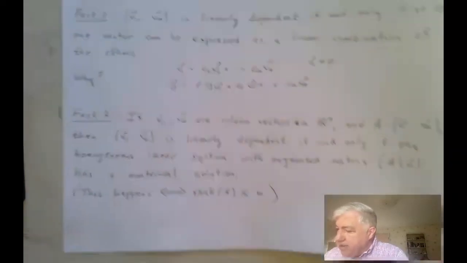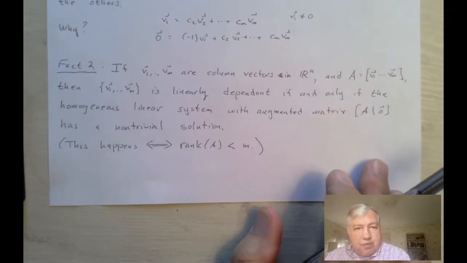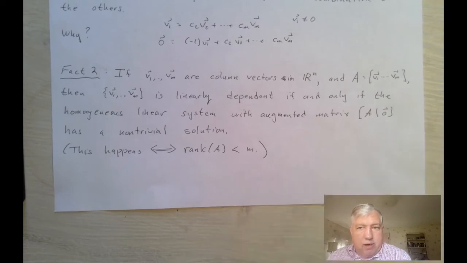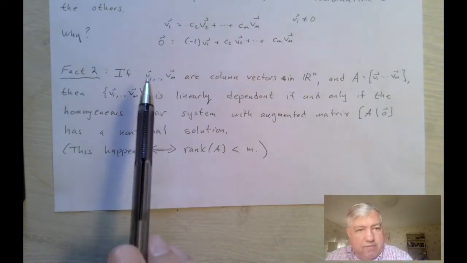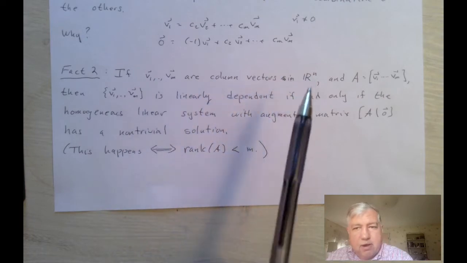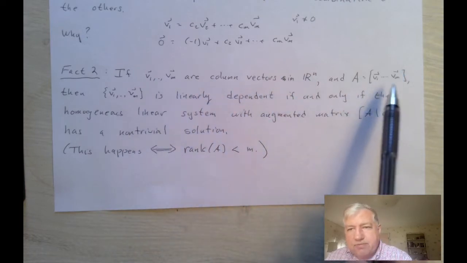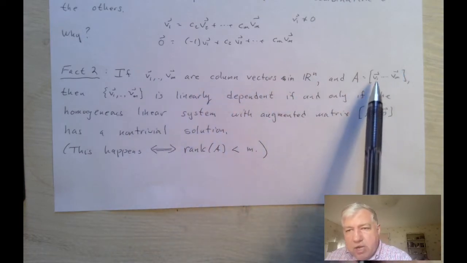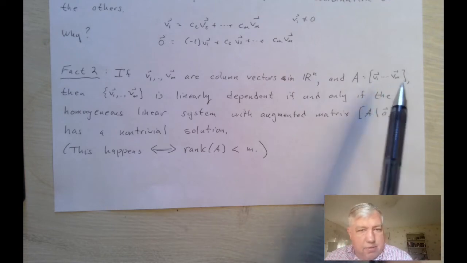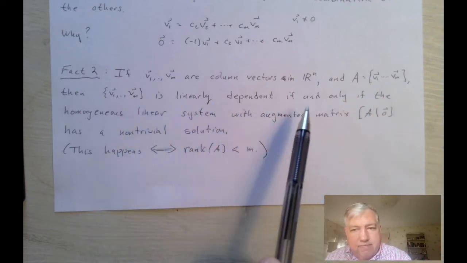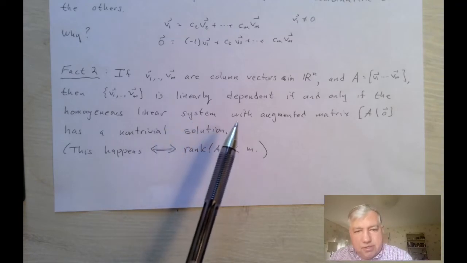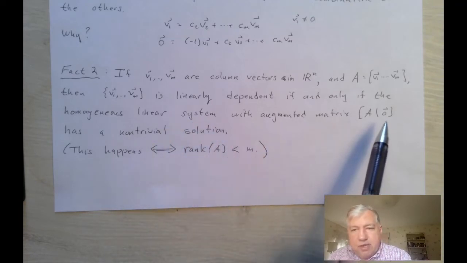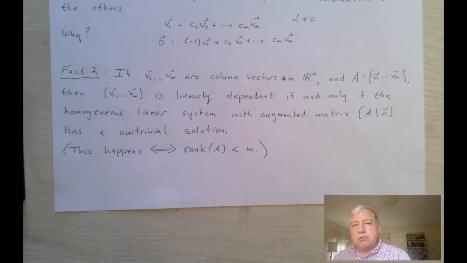Another fact that follows from this, and what we've talked about, is that if v1 through vm are column vectors in Rn, and A is the matrix whose columns are just these vectors, then this is linearly dependent if and only if the homogeneous linear system with augmented matrix [A | 0] has a non-trivial solution.